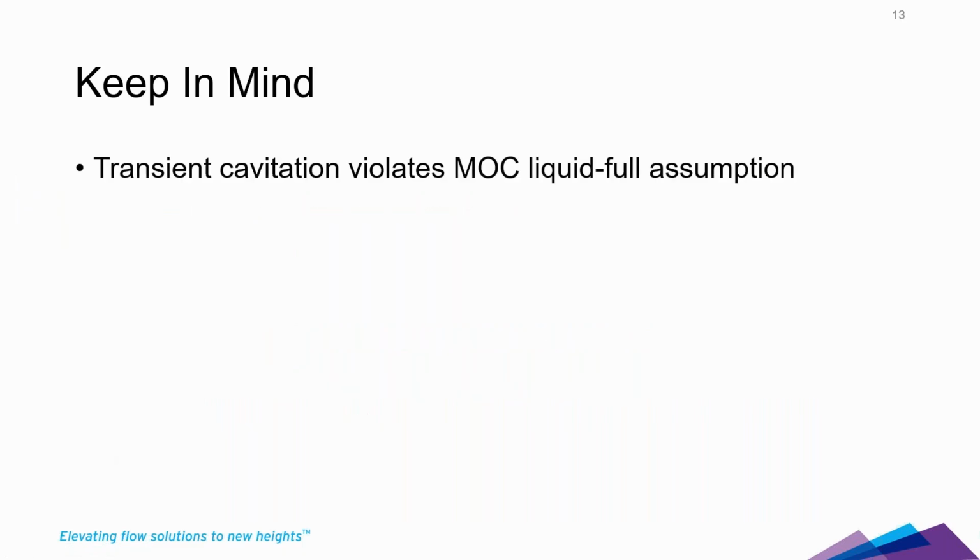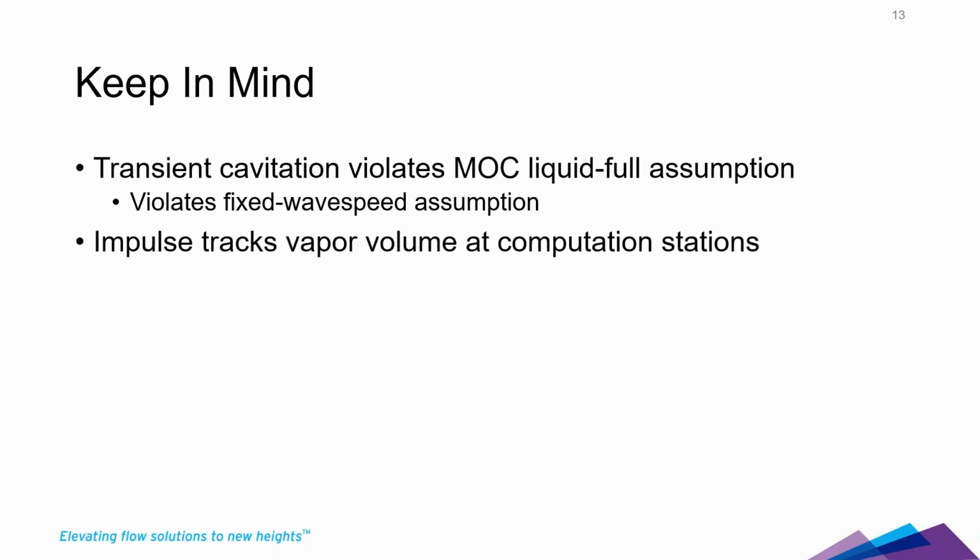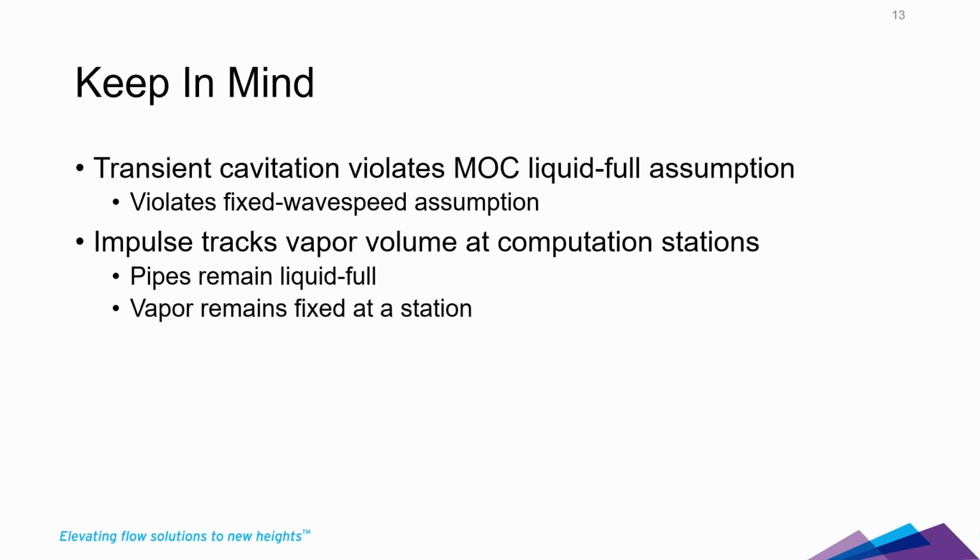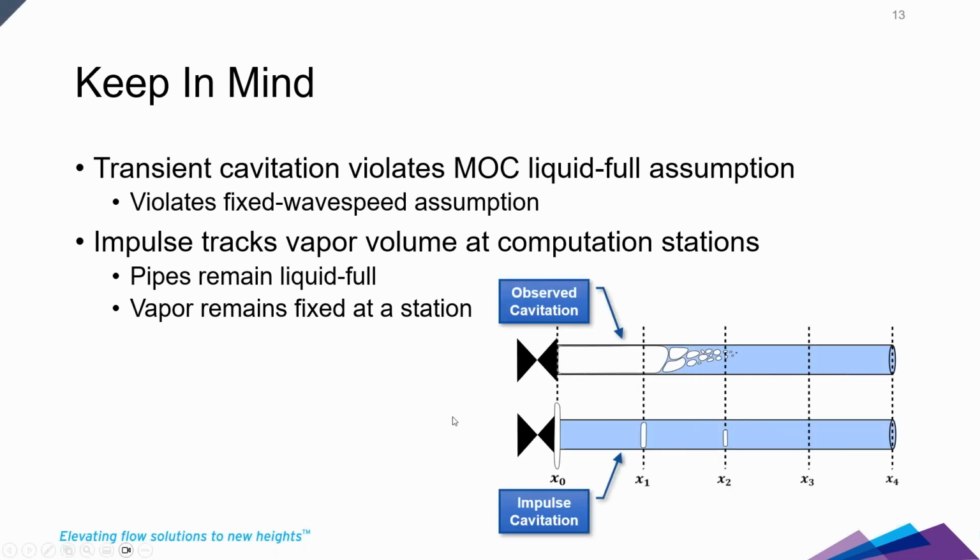I want to again hit home things to keep in mind, which is that transient cavitation violates the method of characteristics assumption of liquid full pipes and constant wave speeds. So again, here's how the vapor volumes are tracked. Your pipes are going to remain liquid full, so each section between pipe stations is going to be liquid. The vapor that grows within a section is going to be remaining at a pipe station.